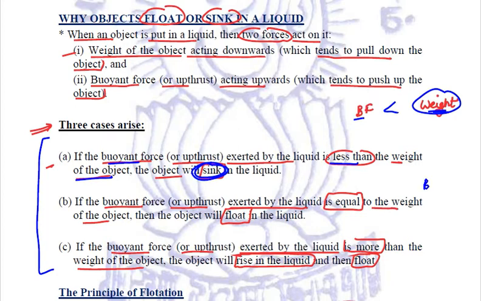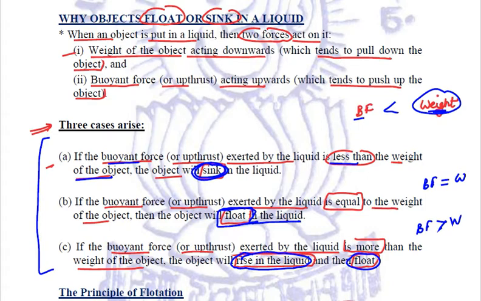If the buoyant force and the weight are equal to each other, then the object will float in the liquid. And if the buoyant force is greater than the weight, the object will rise in the liquid and then float.